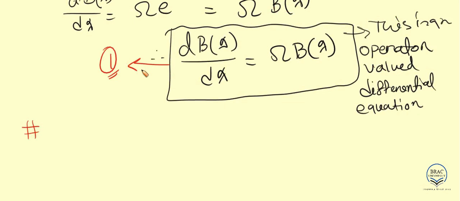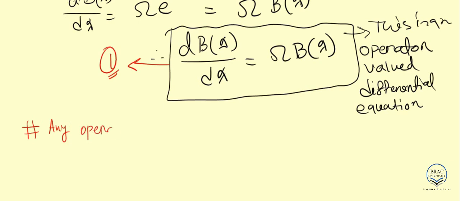So conversely, whenever you are dealing with a differential equation that looks like this, that is equation 1, I forgot to write operator valued.